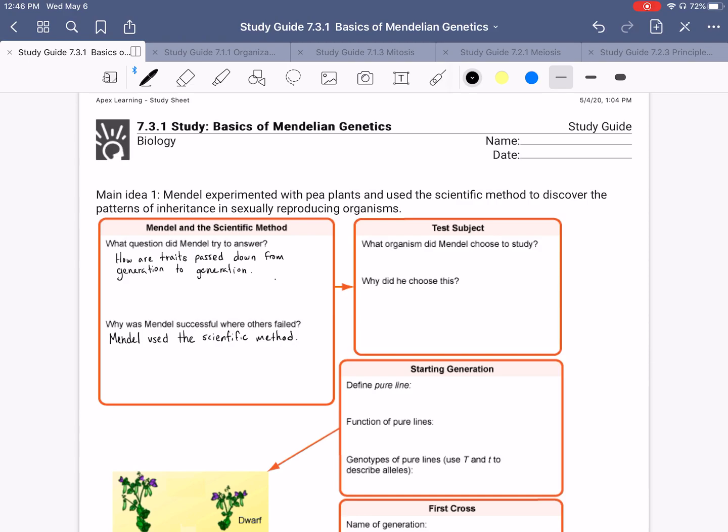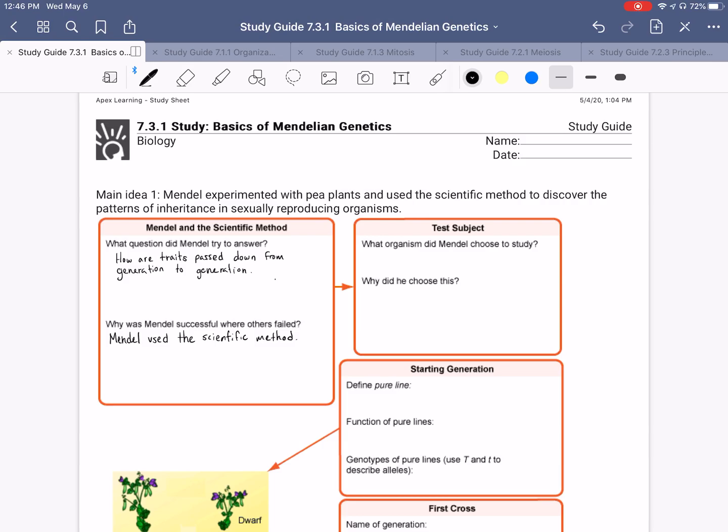He analyzed the results. He was very meticulous. He wasn't even a biologist. He was a monk. He was a trained physicist. So this wasn't even part of his formal education. He just decided to do this as an experiment on the side.